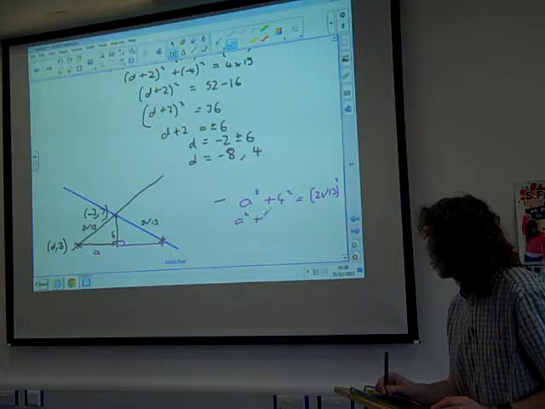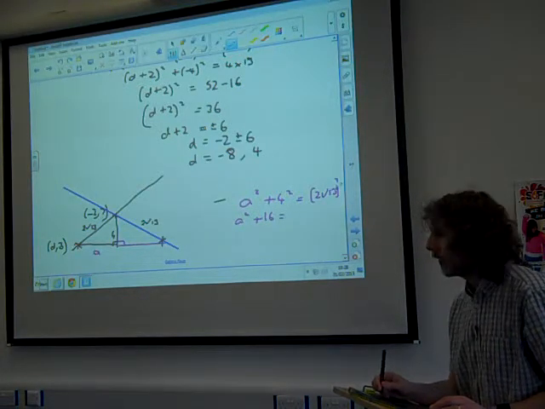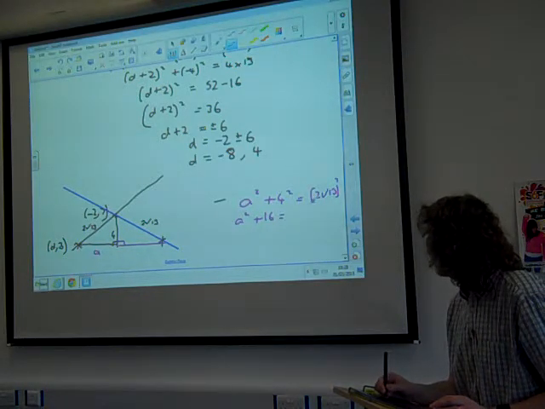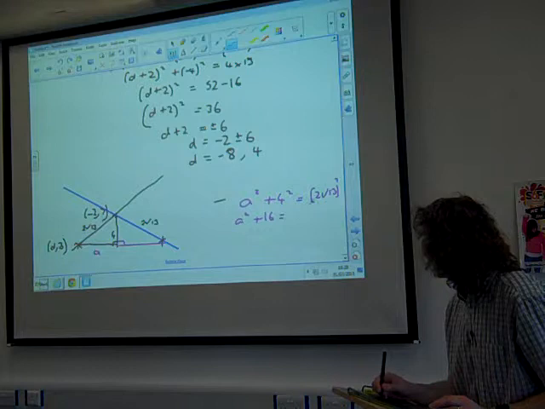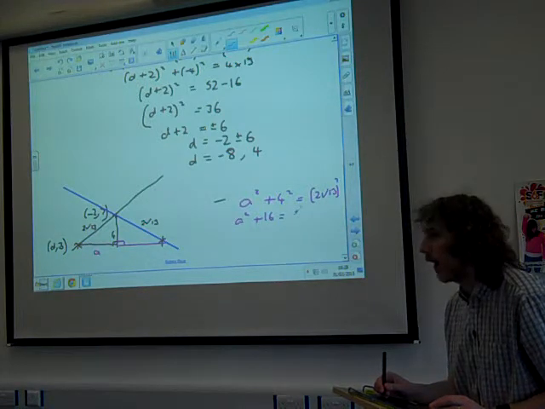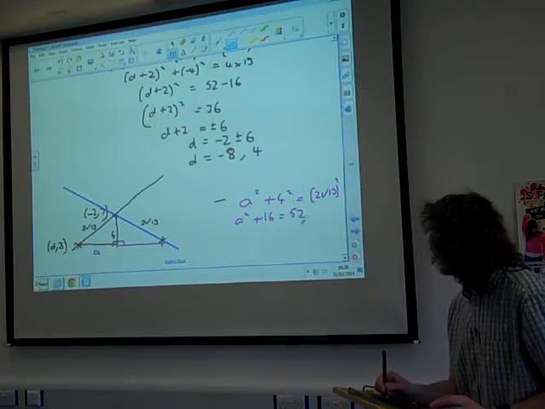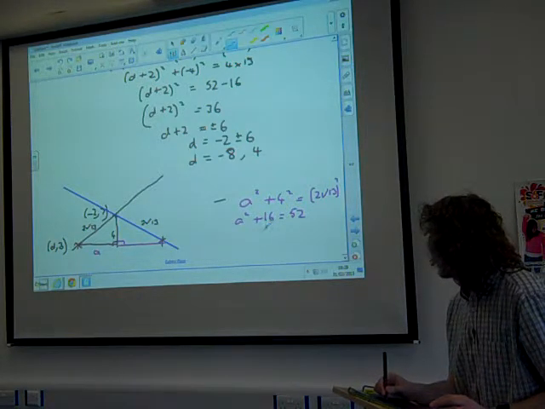So A squared plus 16 is 2 root 13 squared, which is 4 times 13. So it's 52. So A squared is 36.